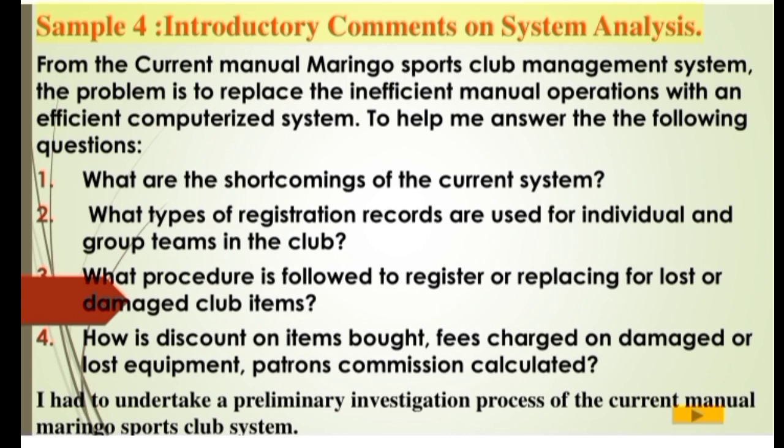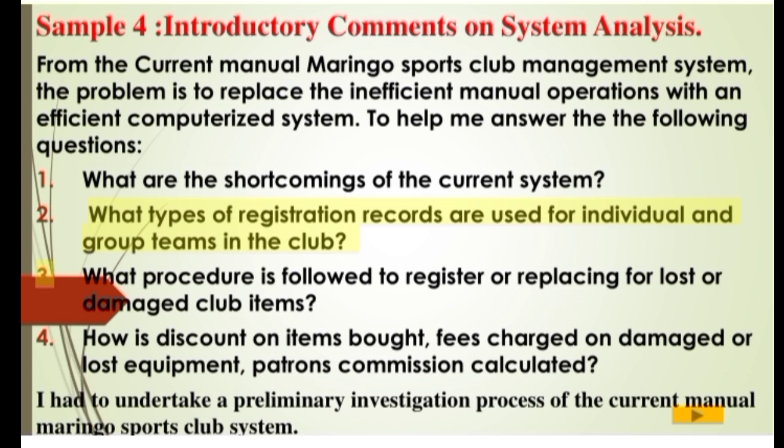Sample 4. Introductory comments on system analysis. From the current manual Maringo Sports Club management system, the problem is to replace the inefficient manual operations with an efficient computerized system. To help me answer the following questions. 1. What are the shortcomings of the current system? 2.